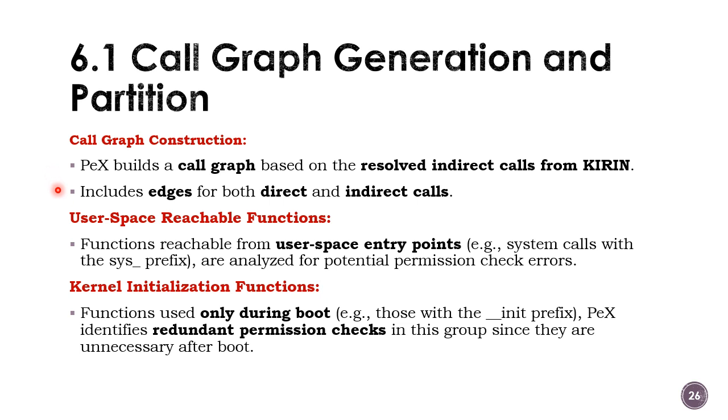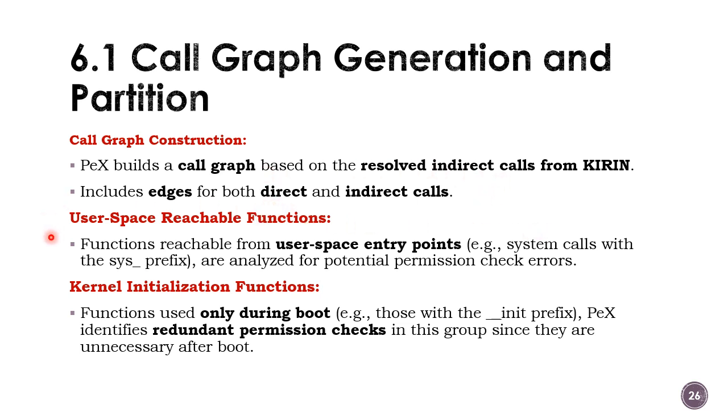So next in this slide, we will discuss a little bit about code graph generation and partition and how it is constructed. For PAX, it will generate a code graph which contains edges, including direct and indirect calls. This is why we say that PAX is a continuous process, because we need Kiran to have done its job well, so we can resolve the indirect calls to make the code graph complete.